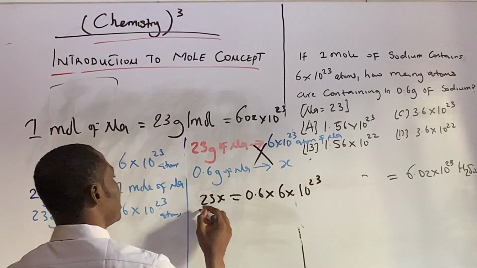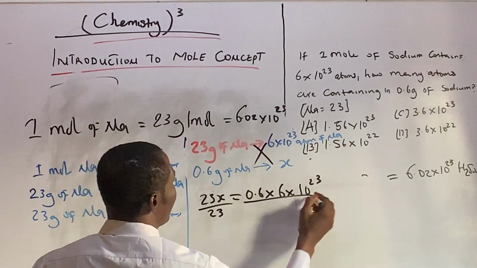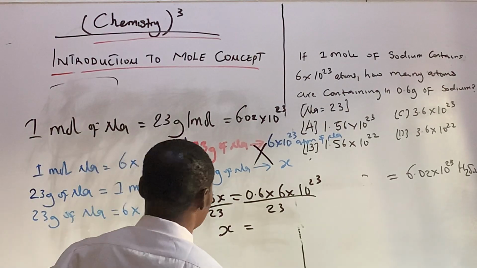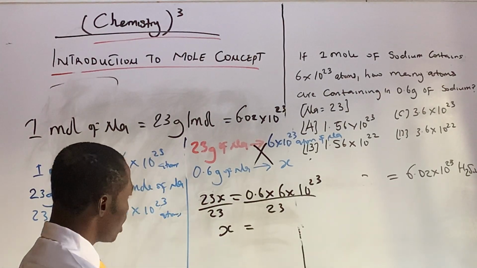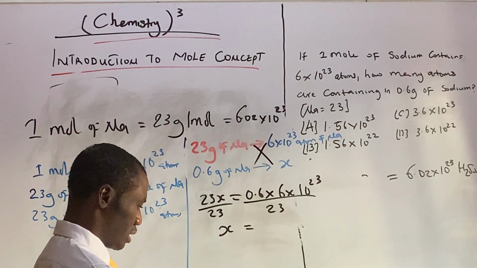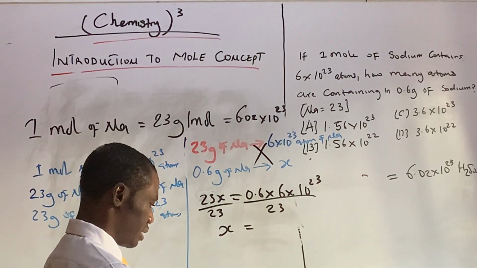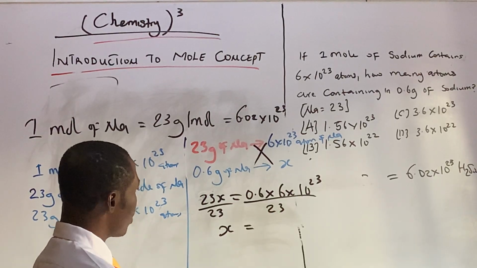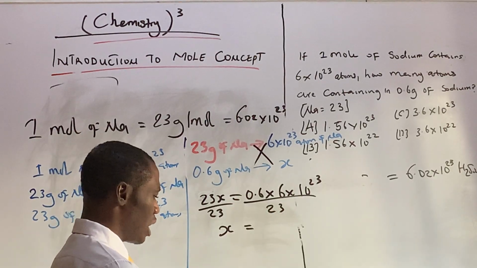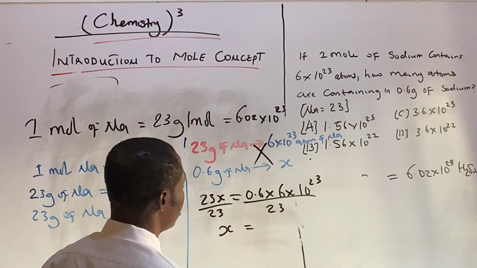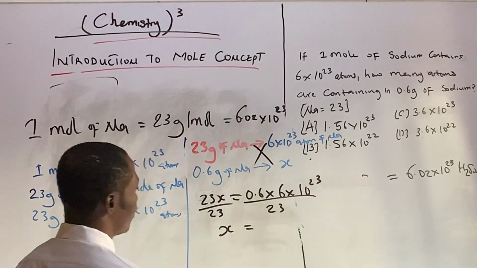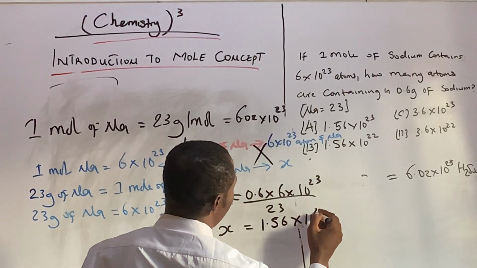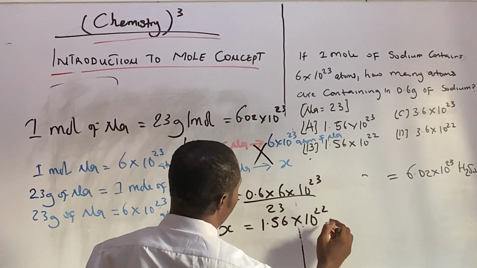Now, divide by 23 and you are going to have your X. Now, let's do the maths. 0.6 times 6 times 10 raised to the power of 23, and then we're dividing all by 23. The answer will be 1.56 times 10 raised to the power of 22. All right, that's the final answer.